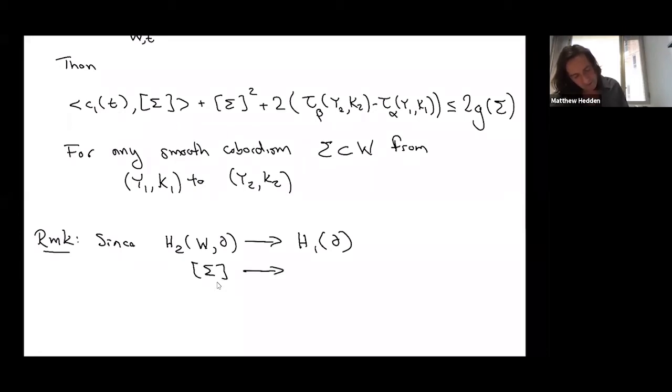But so if I look at the relative homology class of that surface, a cobordism between knots, this will go to the class of K2 minus K1 inside first homology of the boundary. And so I'm assuming that these knots are rationally null homologous.